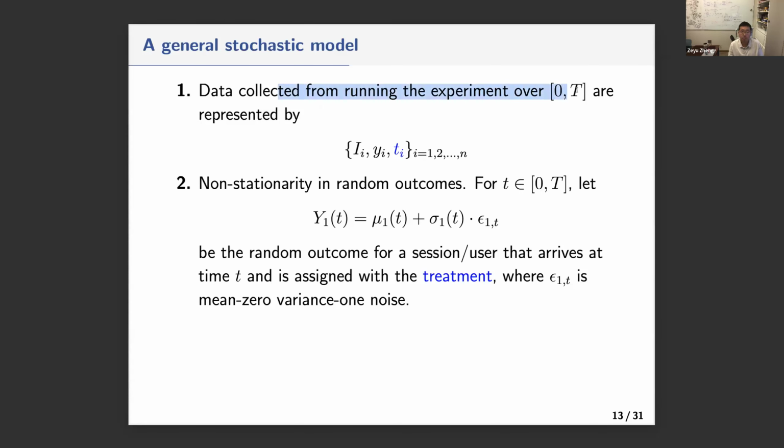So these are data from the experiments, after running them in the time range of 0 to capital T. Here i represents the ith customer, the ith user. I_i equals 1 or 0 represents whether the user is assigned to treatment or control. Y_i is the observed outcome. The time here is when the customer arrives or starts, maybe Monday 9:56 a.m., some timestamp that's collected. So these are the data.